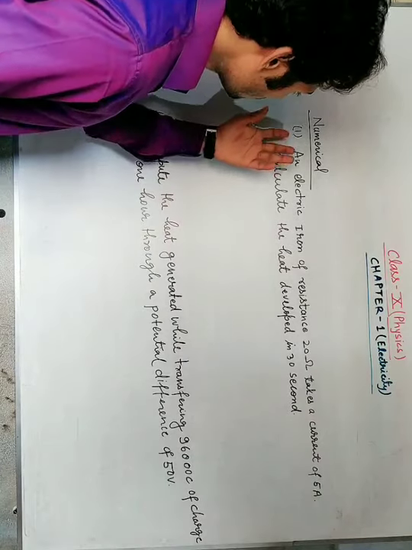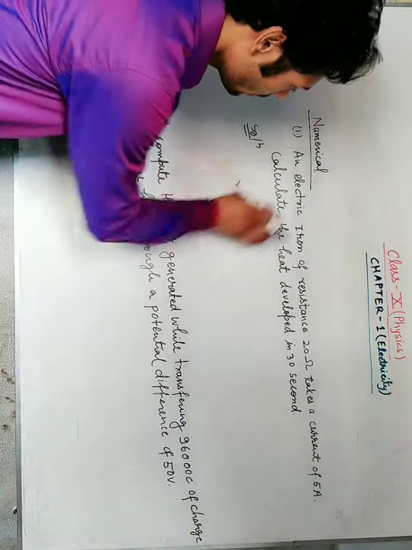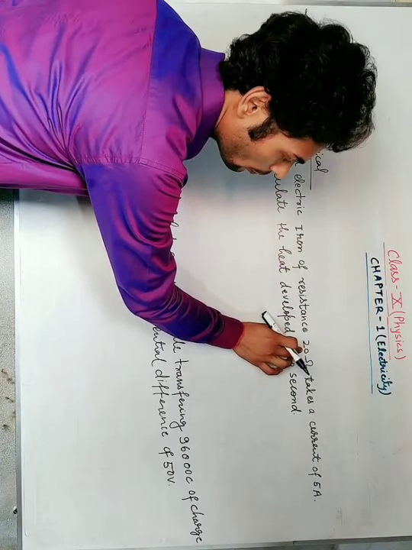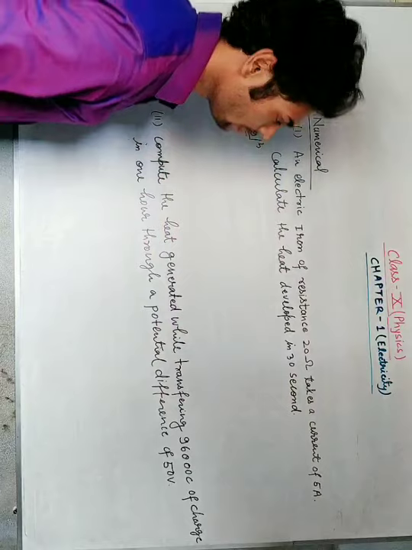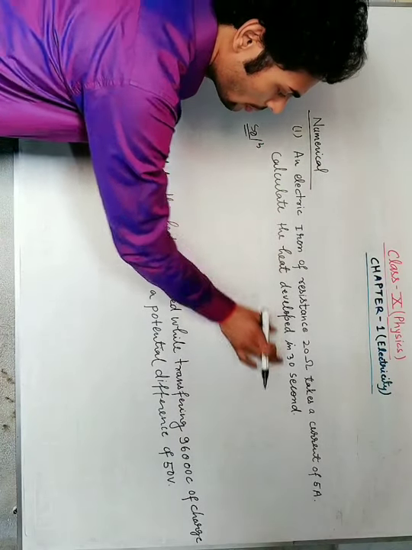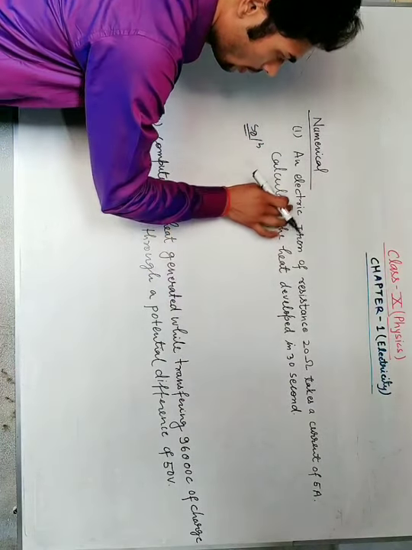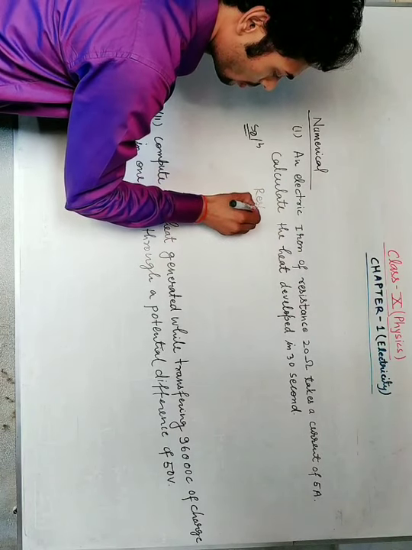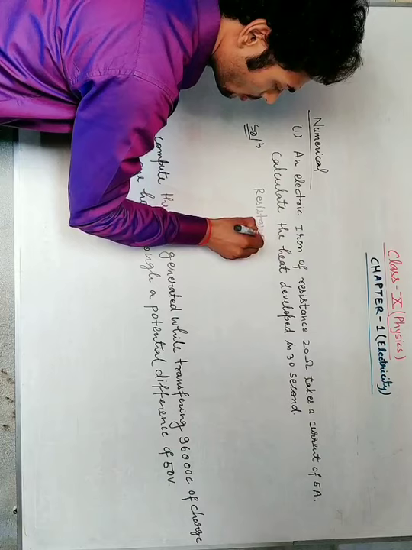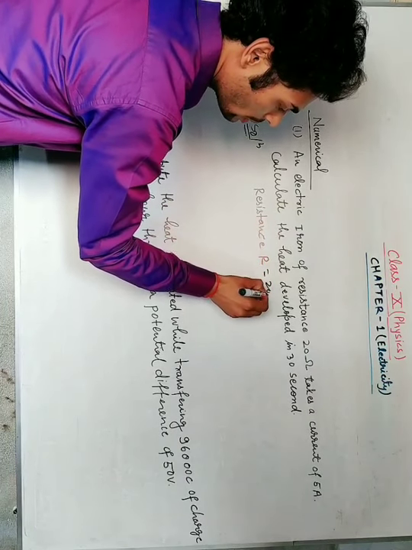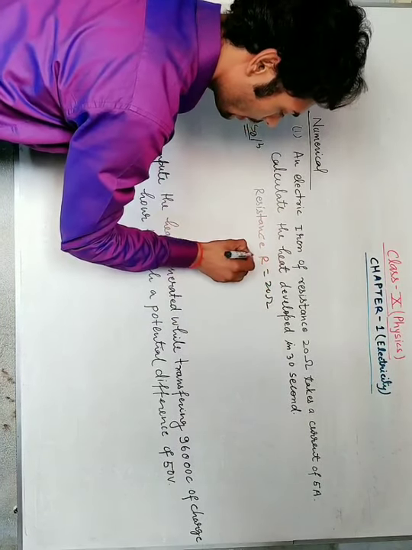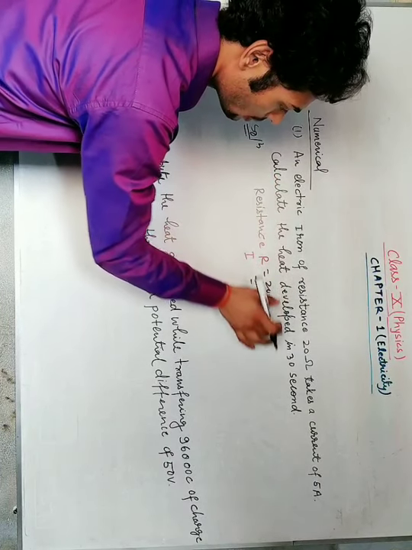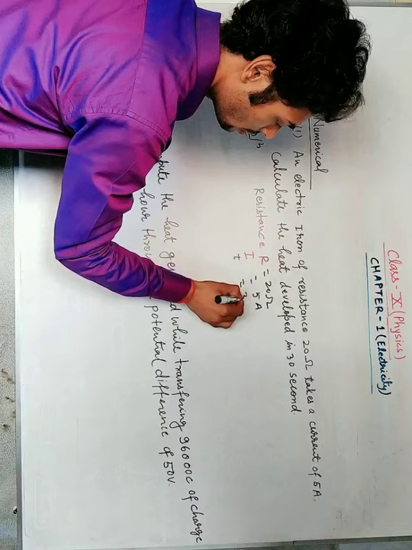Let's solve numericals on heating effect of electric current. Here is one numerical given: an electric iron of resistance 20 ohm takes a current of 5 ampere. Calculate the heat developed in 30 seconds. An electric iron of resistance, so resistance R equals 20 ohm, and current I equals 5 ampere, and T equals 30 seconds, given.